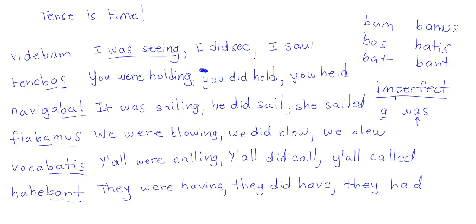So each of these are three different ways that we could translate the imperfect tense verb. Tense is time, something that was happening in the past over time. It just didn't, boom, happen and was done, but it was happening over time. So our preferred one is the one with the was and the were. But you may see other ones show up when you're translating, and now you know how to do tense is time with all three forms of translating the imperfect tense.